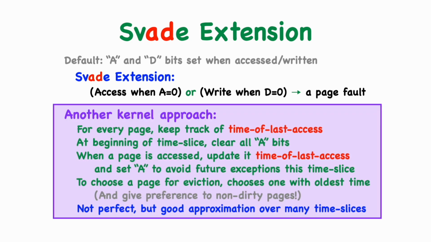So to do that, the kernel would need to get control, and then it would record the current time of the access or something like that. I've sketched out here an algorithm, but I don't want to bog down going over this algorithm. My goal with this video is to describe what the RISC-V hardware does, and not to describe the various algorithms that might make use of the RISC-V hardware.